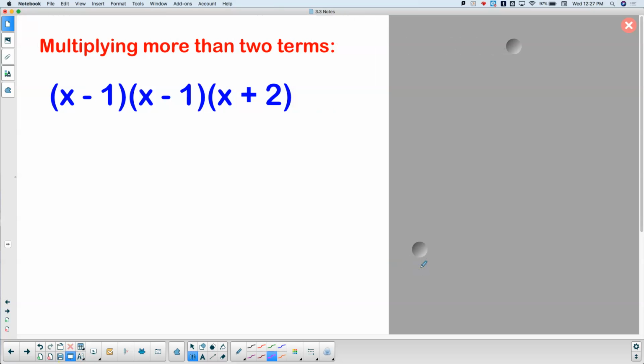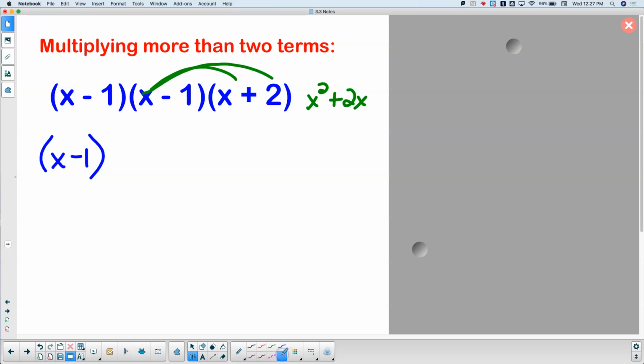When you are multiplying 3 things together, you can only do 2 at a time. So this would become x minus 1 times, I would have to distribute those 2 in there, and that would give me x squared plus 2x.